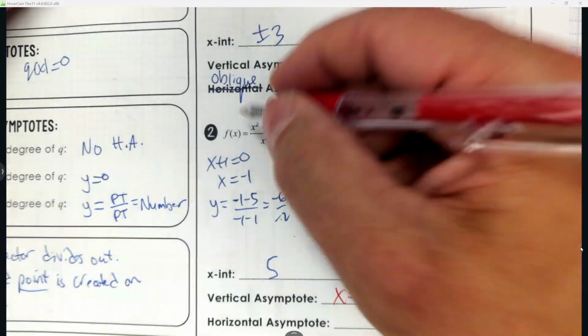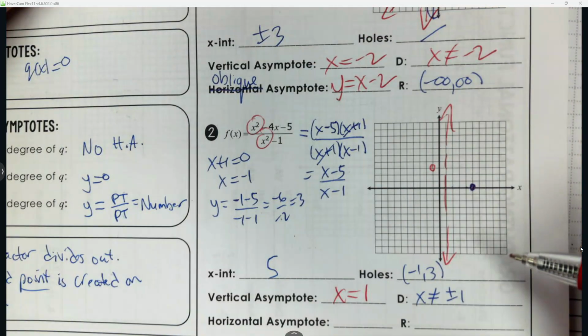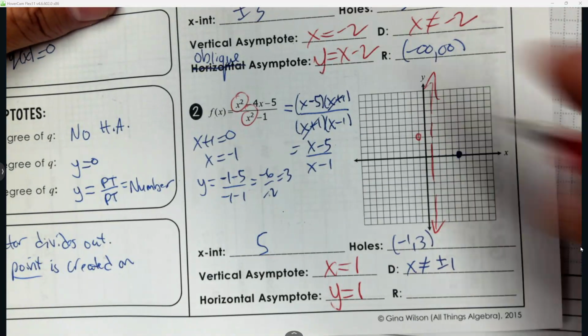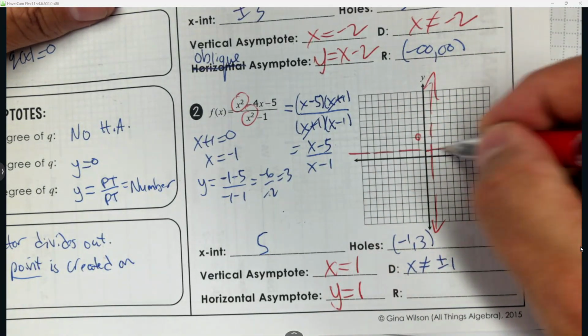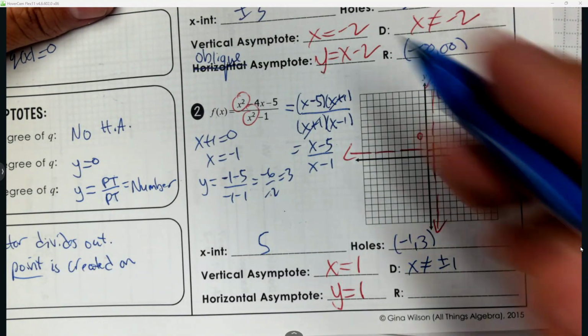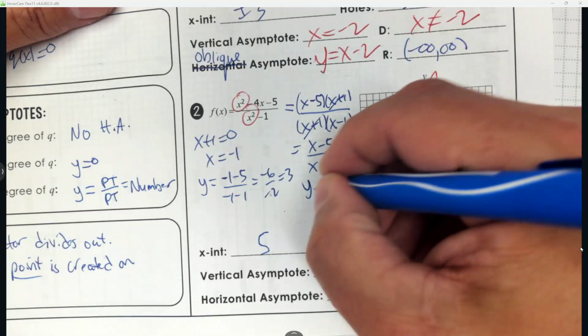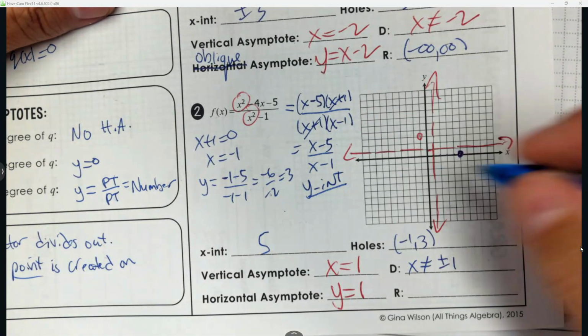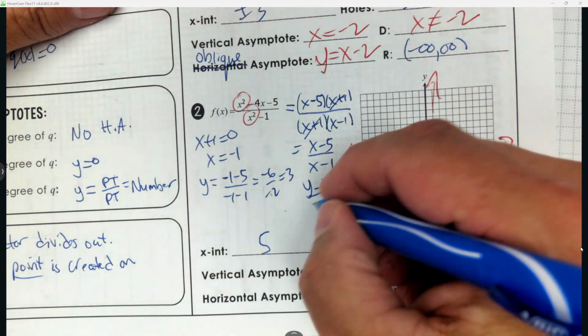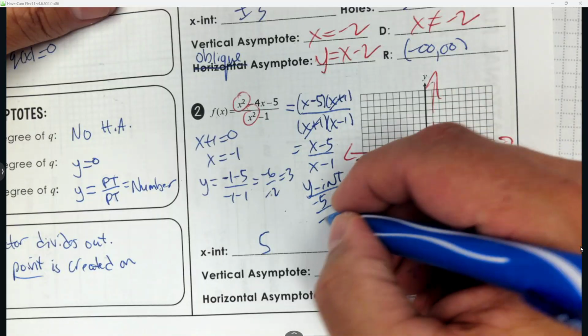There is a horizontal. If I take the power term divided by the power term, x squared divided by x squared, that's 1. I like the y-intercept. So if I go back to the beginning, when you plug in 0, the last number is negative 5 and the last number is negative 1.